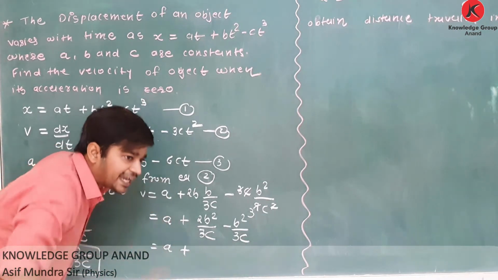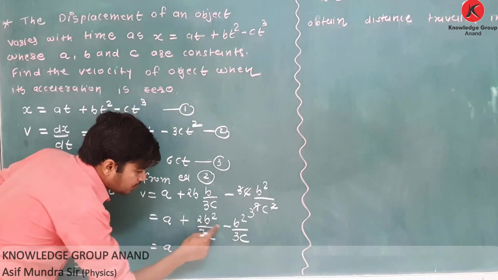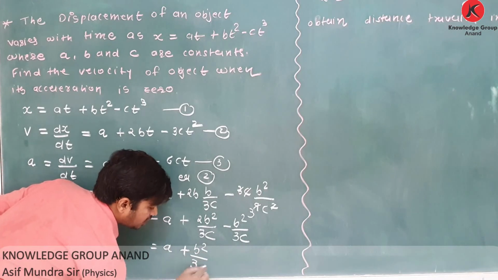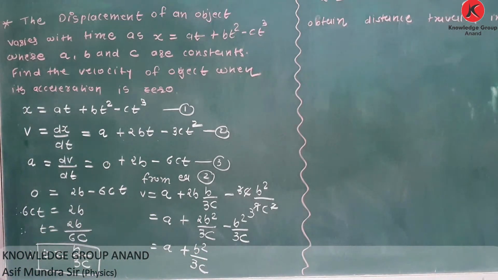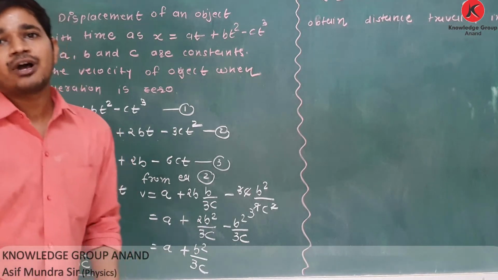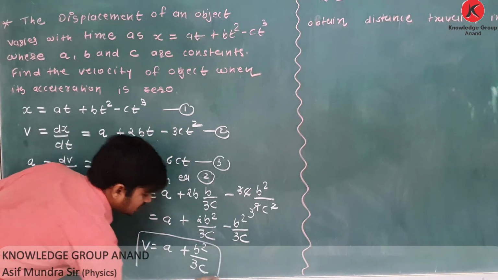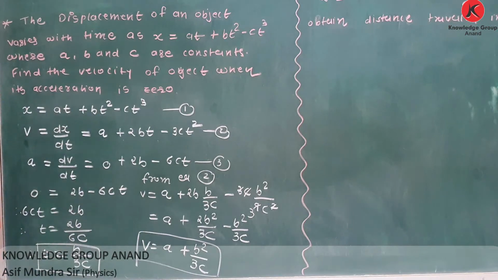So you take direct addition of numerator, that is 2b square minus b square, means it is b square upon 3c. Okay, so yes, it is equation of velocity when acceleration is 0. Clear?